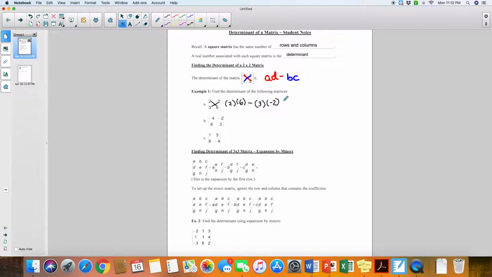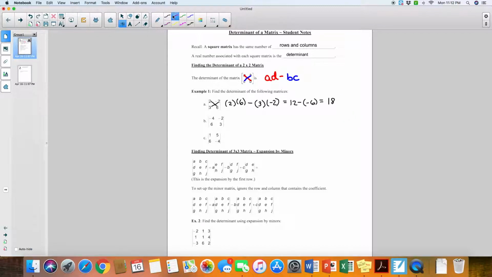Then I simplify. 2 times 6 is 12, and 3 times -2 is -6. 12 minus -6, minus a negative becomes a plus, so that would become 18. The determinant of that particular matrix is 18.